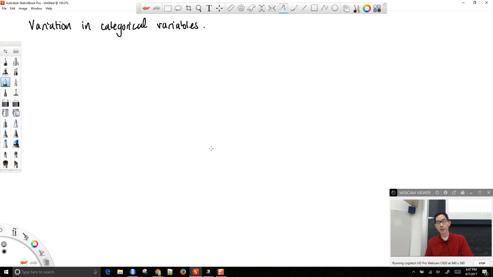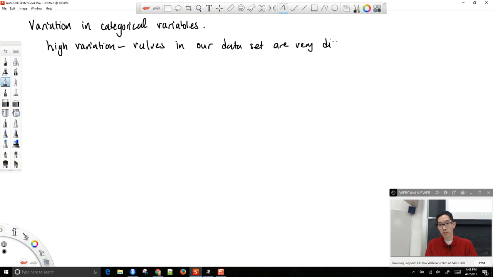If they're very different, then we have high variation, meaning the values in our data set are very different from each other. Low variation, on the other hand, means the values in our data set are the same or very similar to each other.